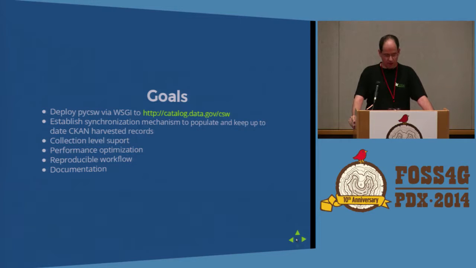Then to provide collection level support, because CKAN now for Data.gov uses a special extension to CKAN and uses data collections. Then we had the big issue of making this run very fast. And we had to optimize for performance during this project. And we did some documentation and worked on the deployment configuration stuff.